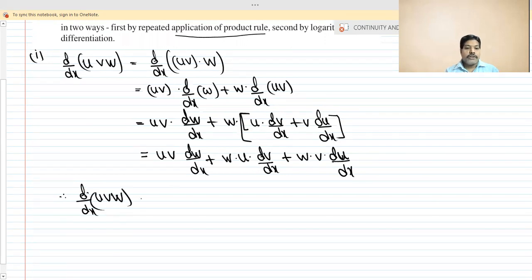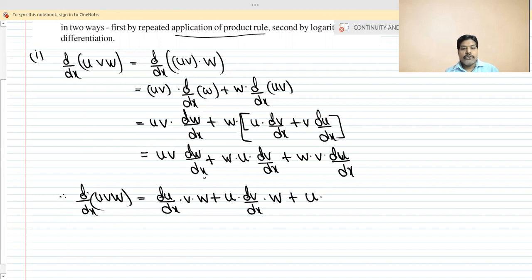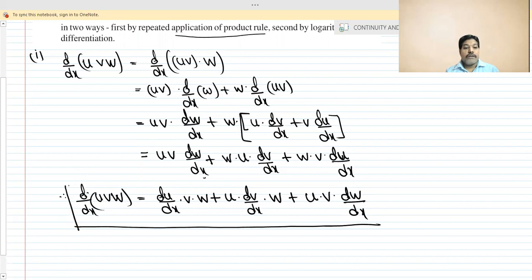It can be written as the first function's derivative, du by dx, into the second function into the third function, plus u into dv by dx into w, plus u into v into dw by dx. So by using the product rule, you are calculating the derivative of the product of the three functions here. Are you understanding that?